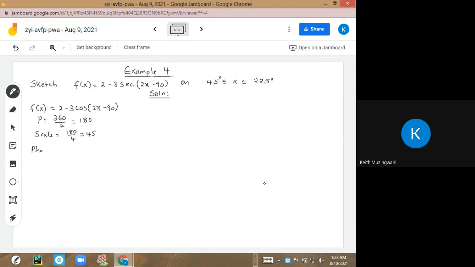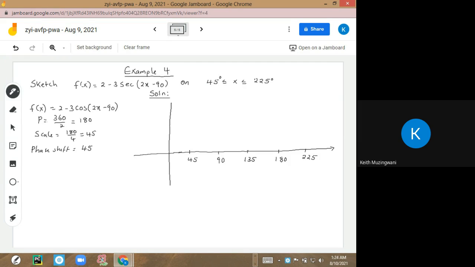The phase shift is 45. So we sketch. Our sketch will start from 45. 45 plus 45, you get 90, plus 45, 135, plus 45, 180, plus 45, 225.